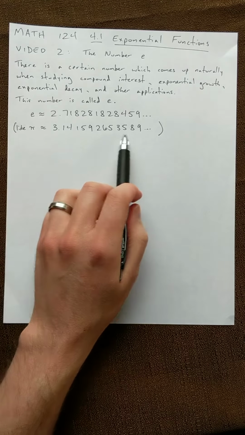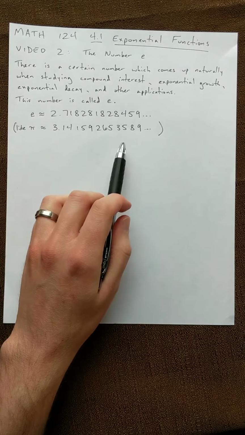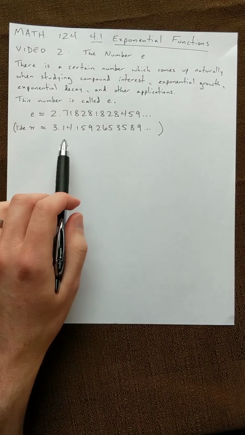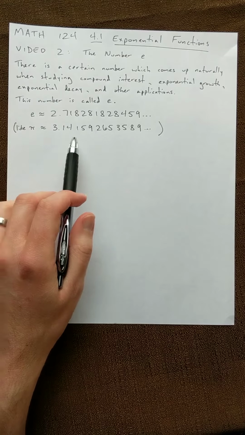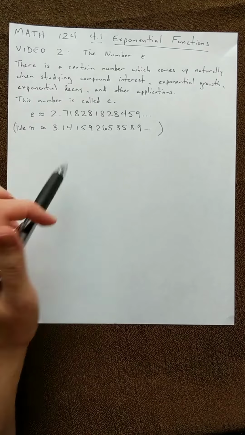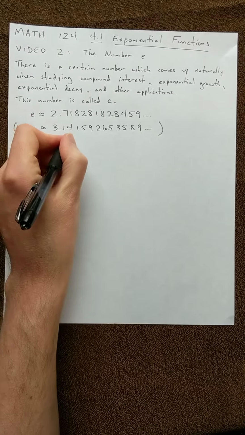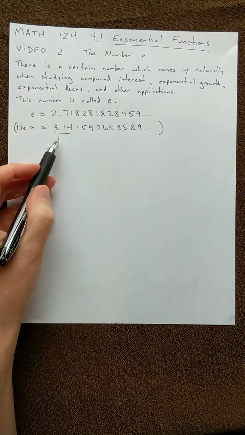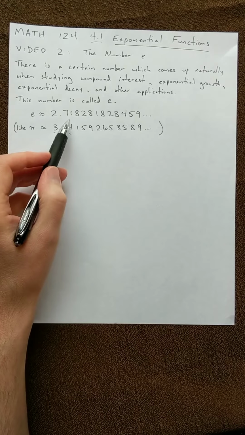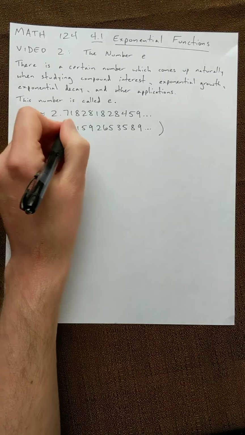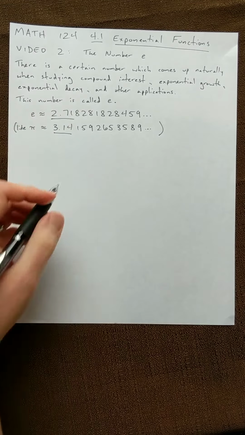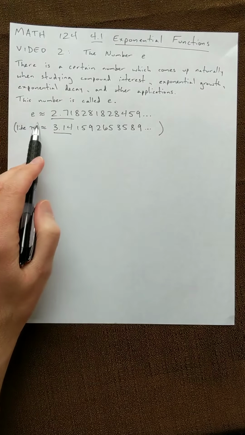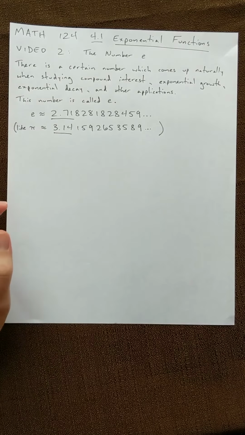Just like with pi, we don't really care about too many of the decimal places, the calculator will help us out, and it sometimes helps to remember that pi is 3.14, or 3-ish. E is 2.7, 2.71, 2.72-ish. So if you remember e is about 2.7, good enough.